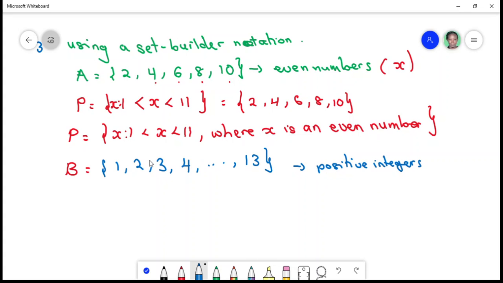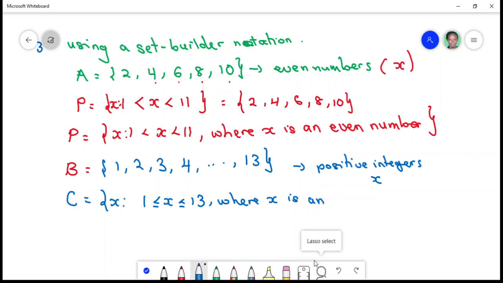Okay. So if I want to write, let's say, set builder notation for this, let's say I'm picking x to be that. So let's say I have x such that x is a positive integer, such that my x here is less than or equal to 13 and greater than or equal to 1, where x is an integer.